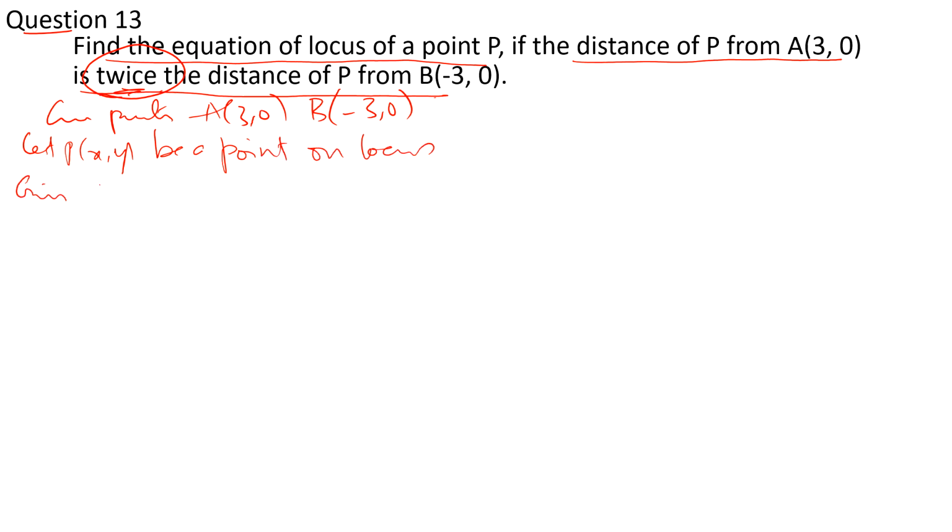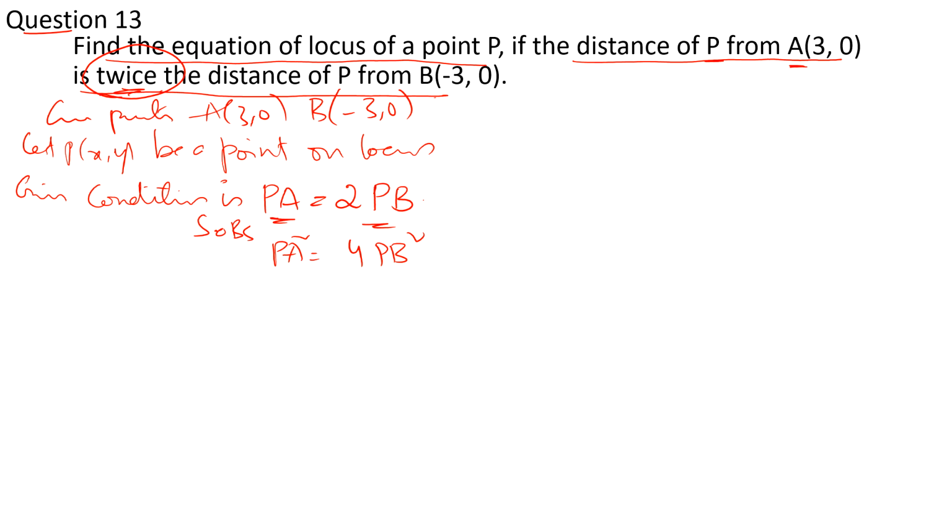The given condition is the distance of P from A, which means PA, is twice the distance from P to B, which means PB. Just take squaring on both sides. Then it becomes PA square is equals to 4 times PB square. PA square is nothing but the distance between P and A, so (x minus 3) whole square plus y square, because here we have 0 only, so (y minus 0) whole square is y square, is equals to 4 times PB square.